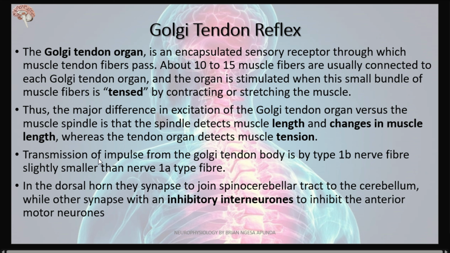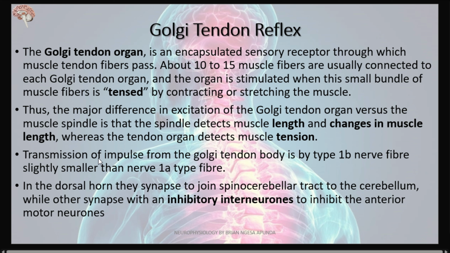This is likely to be via the alpha neurons. Sometimes it could be through the interneurons or even directly, which is likely to give us an appropriate reply to restore the normal tone of the muscles. So let's explore the Golgi tendon reflex.